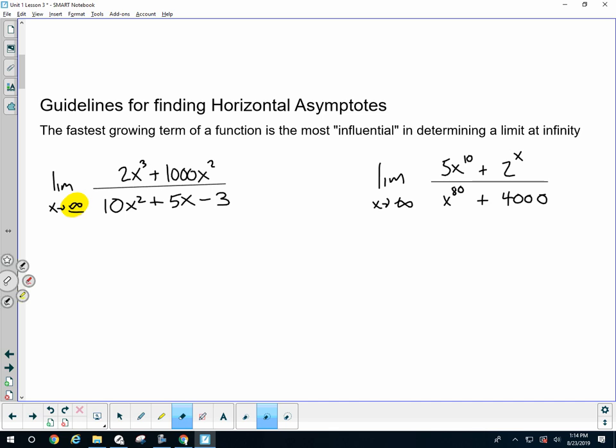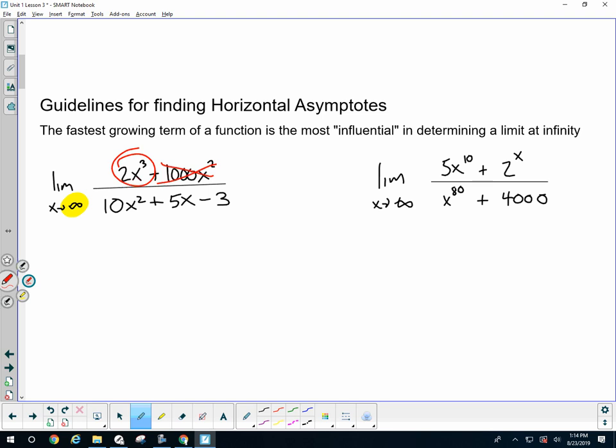And what I like to talk about is relative growths of terms. What I will tell you is, hey, 2x cubed compared to 1000x squared, this is going to be growing faster than the 1000x squared, so much faster that I will be able to just ignore the 1000x squared.